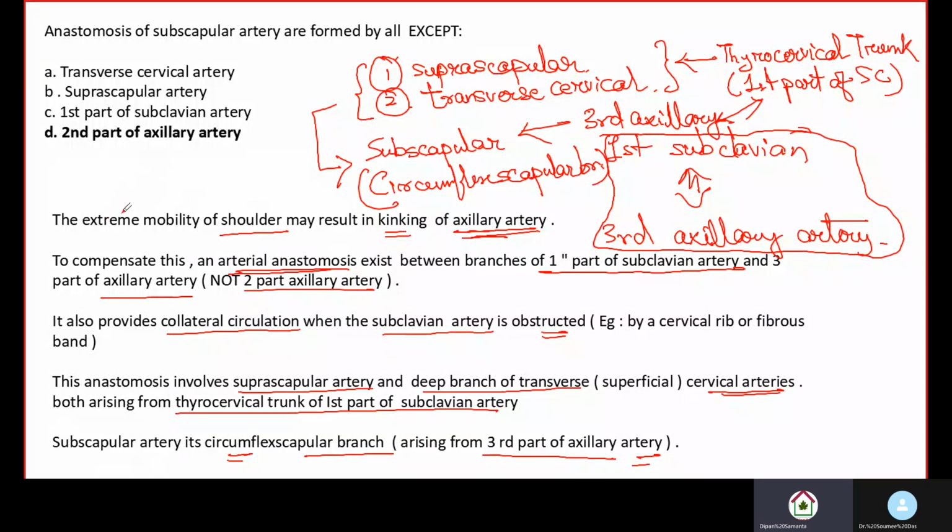Actually, kinking is not exactly pressure, but too much of a fold. A fold occurs like this, so in this area the blood flow will decrease. To compensate the blood flow, other vessels anastomose with each other, so that the normal demand of the blood can be met. Okay, so this is a very important anastomosis.